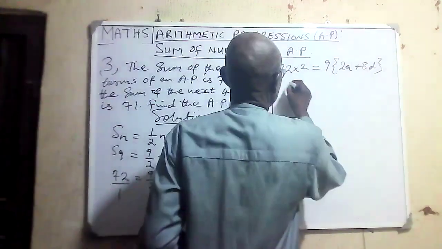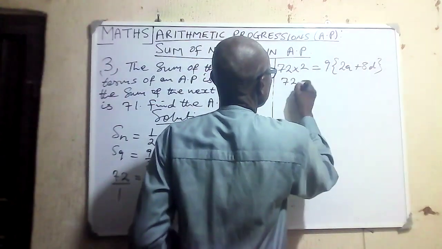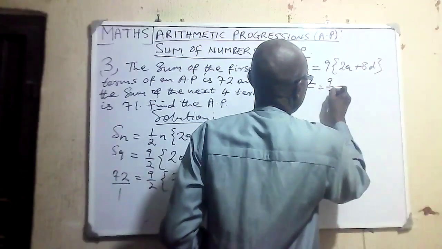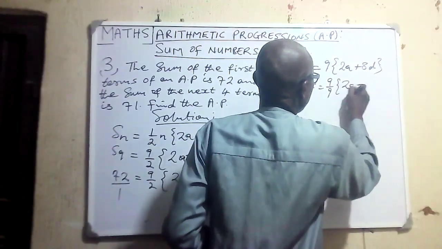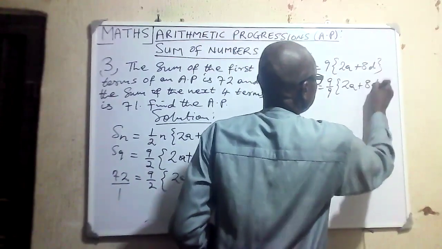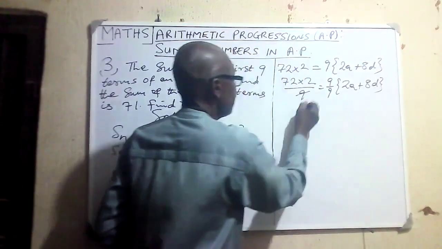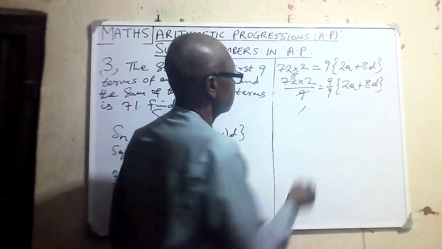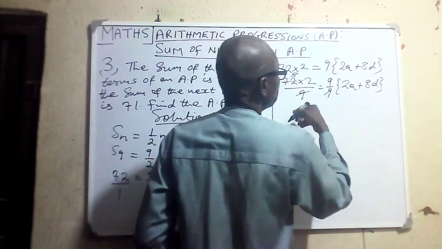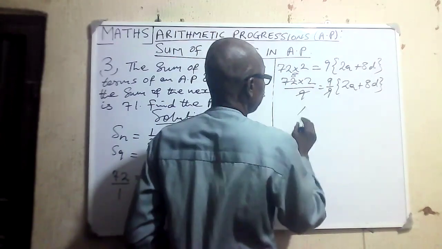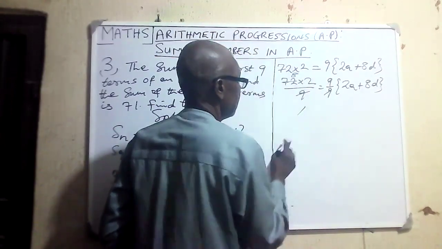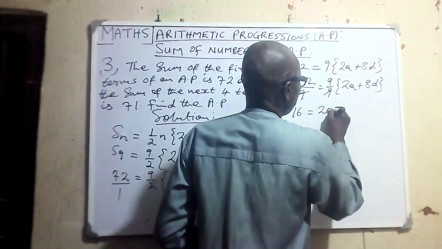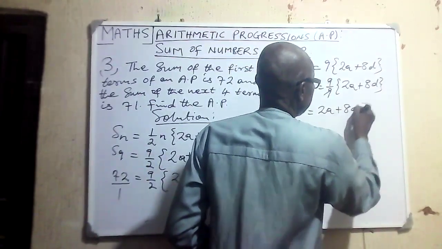That is 72 times 2 over 9 equal to 9 over 9 into 2a plus 8d. 9 here 1, 9 here is 8. Then 9 here 1, and then you have 2 times 8 is 16. That's 16 is equal to 2a plus 8d.